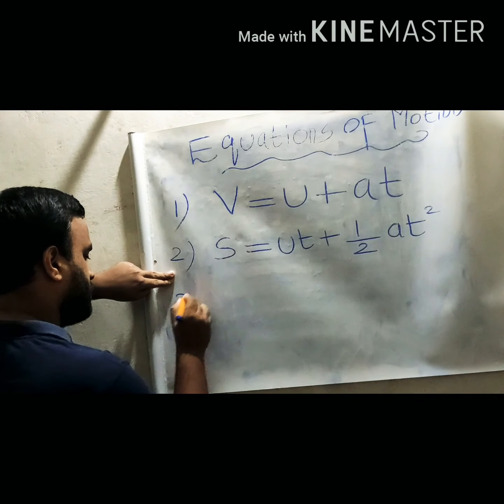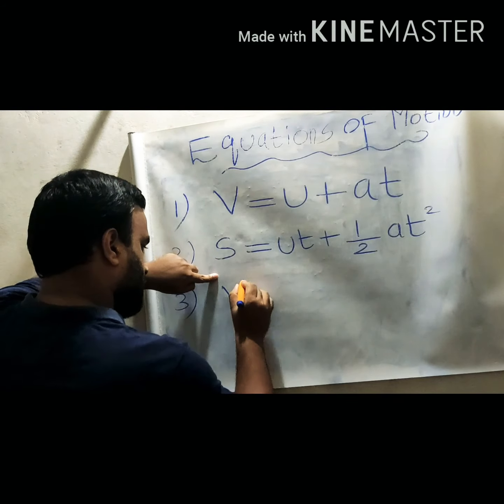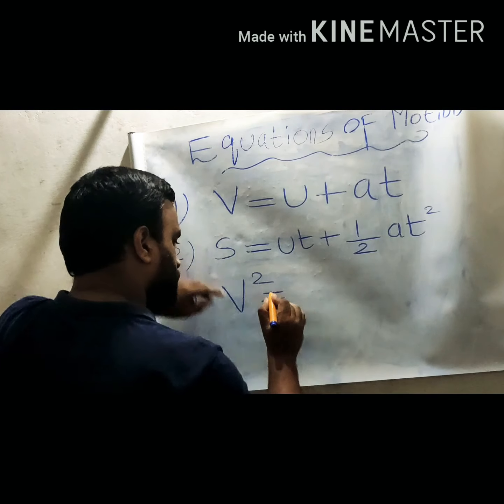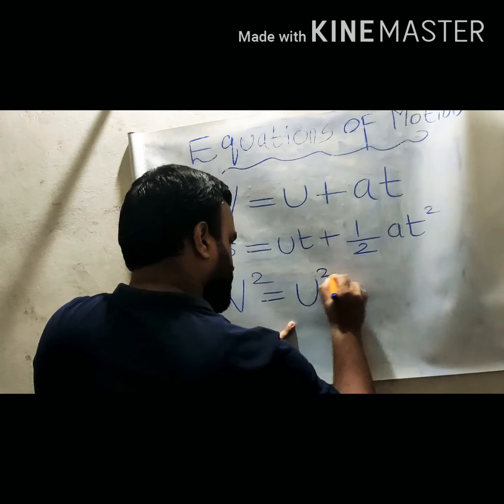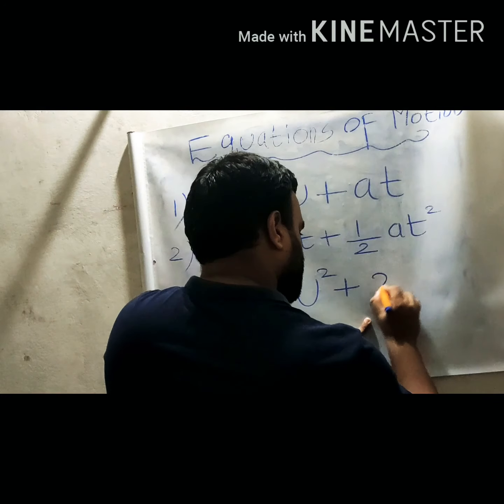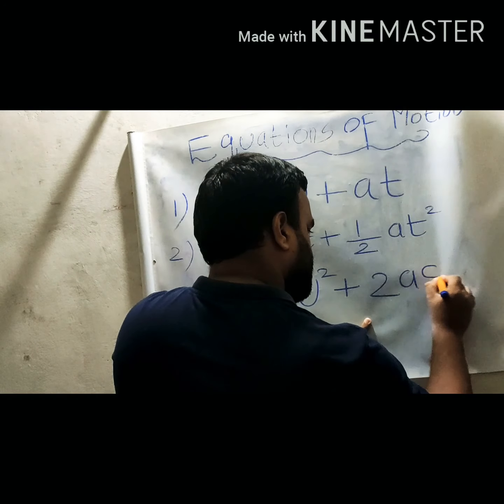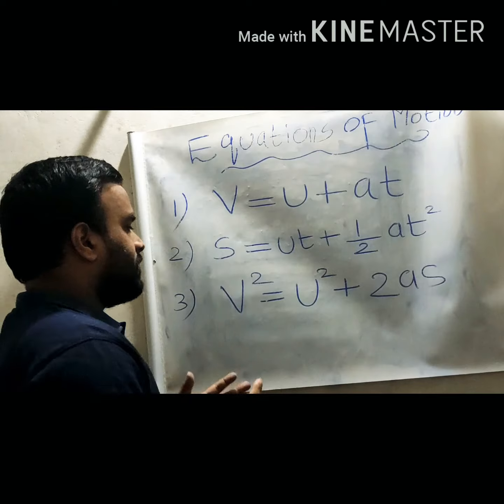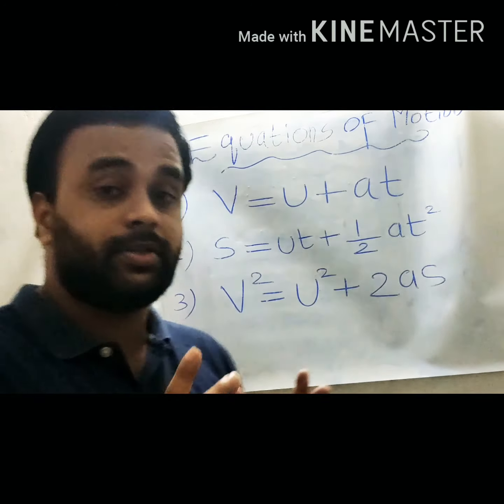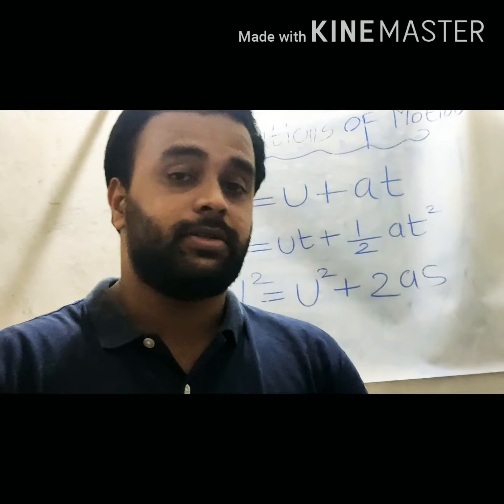The third equation is v square = u square + 2as. So what's our third equation of motion? v square is equal to u square plus 2as.